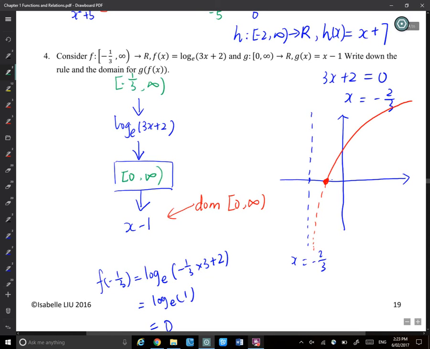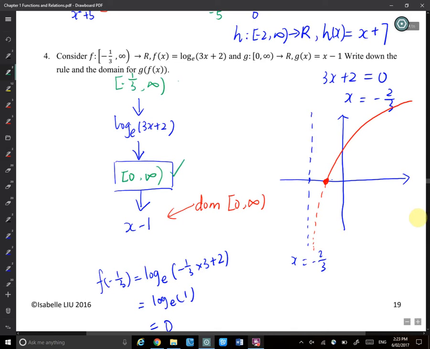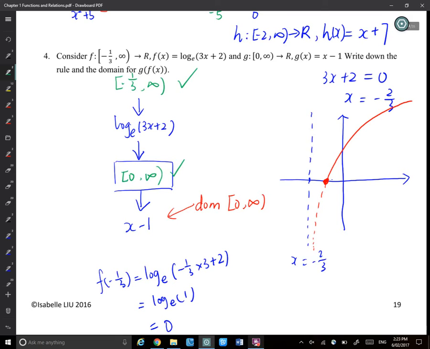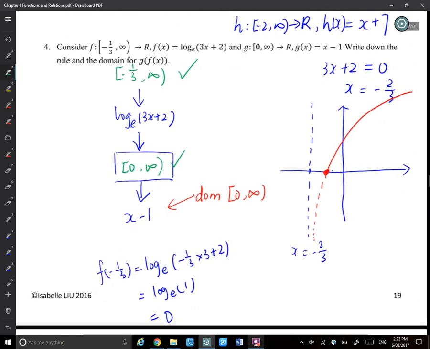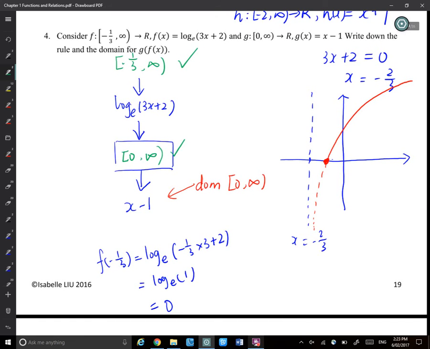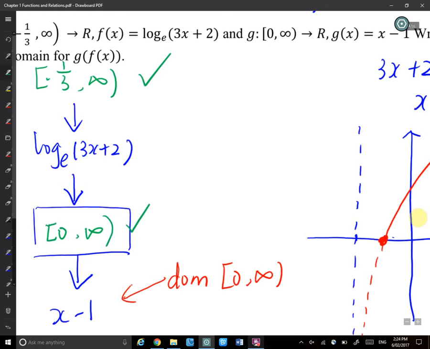Is it all right to put that into g(x) now? Is that domain a subset? Yes, it's a subset, right? 0 to infinity just fits 0 to infinity. So there's no problem, and I can take that domain at the beginning. So what is g f of x?